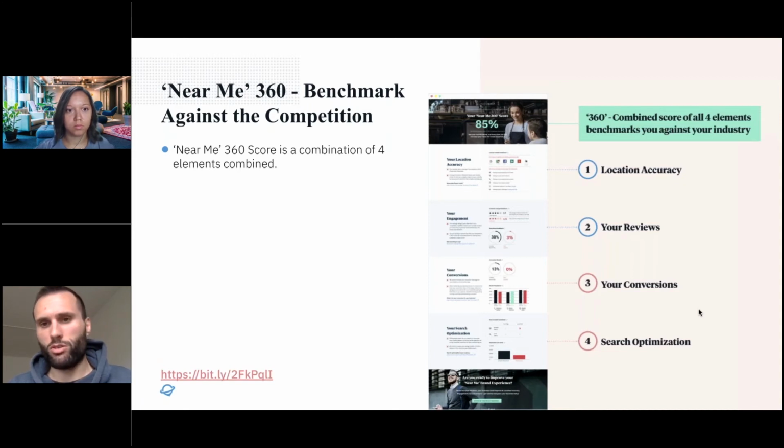So it's based on location accuracy, your reviews, your conversions, and search optimization, and then you get benchmarked against your niche industry, and you see where you line up, so you can understand where you need to make changes and adapt a strategy to actually improve performance.